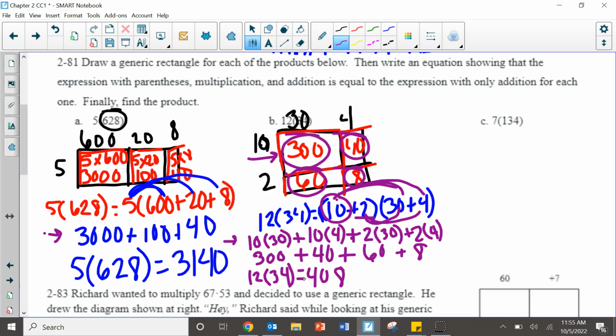All right. So I'm going to show you this one without your generic rectangle, because this is how you approach a problem without the generic rectangle, okay? And you're using distributive properties. So this one we'll do 7 times, and we're going to break this number up by place value. So we have 100 plus 30 plus 4.